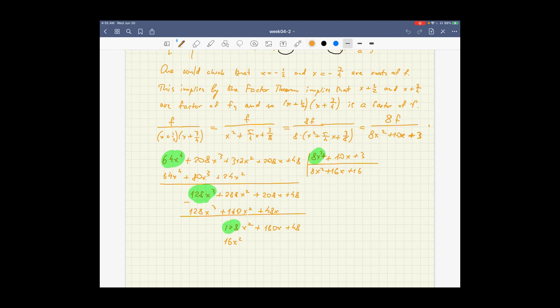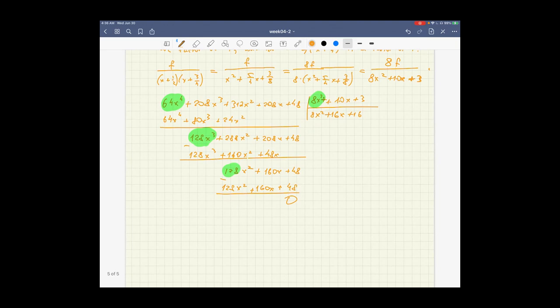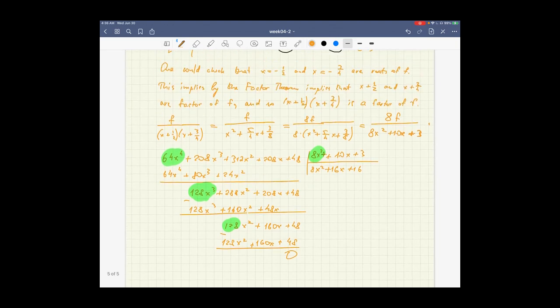Multiplying back, we get 128x squared plus 160x plus 48. And the remainder is 0. So what our computation shows is that the ratio of f and the product of x plus 1/2 by x plus 3/4 is this polynomial.